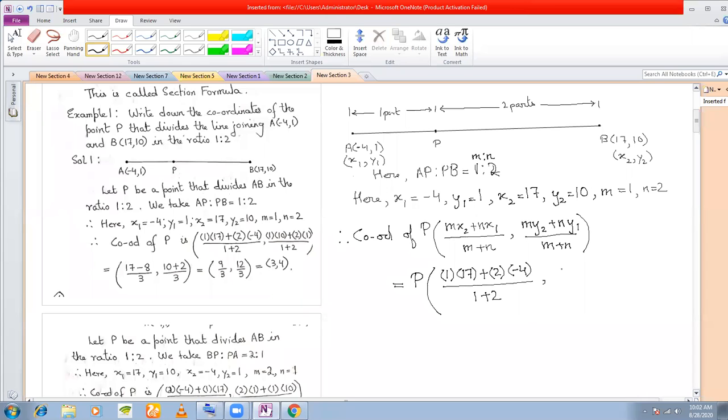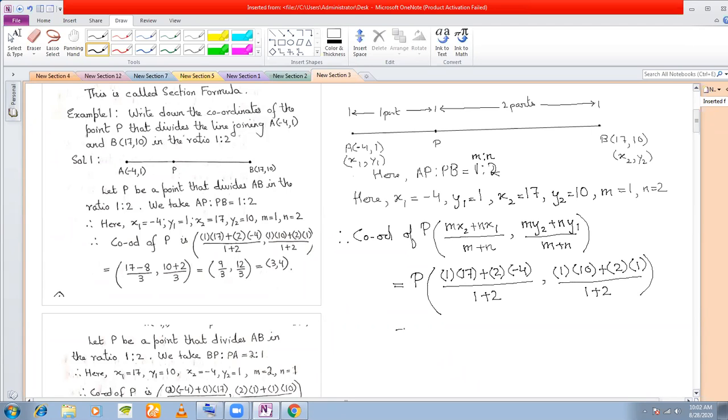Similarly here you have m y2, y2 is 10, plus n y1, y1 is 1, divided by m plus n.